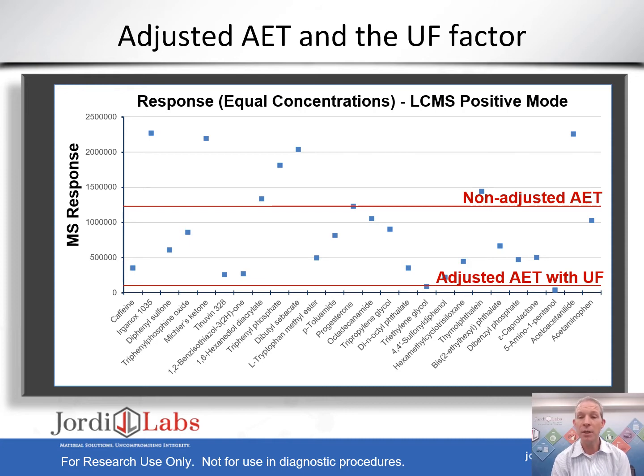And you'll notice that some of the compounds are above the non-adjusted AET line, but many of them are below it, which means they would not be included in our study because they'd be perceived to be below the AET, when in fact they're at the AET concentration. Our intention with the UF then is to adjust down the location of the AET line so that we can capture all of the compounds which are at the AET concentration.